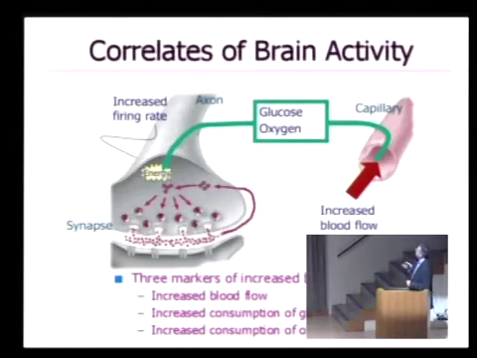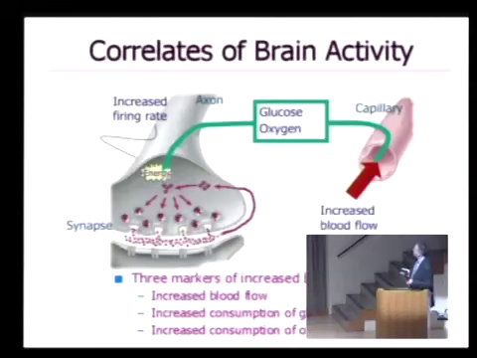And what we can do is make use of the fact that when parts of the brain are active, when neurons are firing and processing information, they need energy to do that. And in order for that energy to be produced, you need glucose and oxygen, and that has to be delivered via the bloodstream. Capillaries near the neural activity deliver that glucose and oxygen.